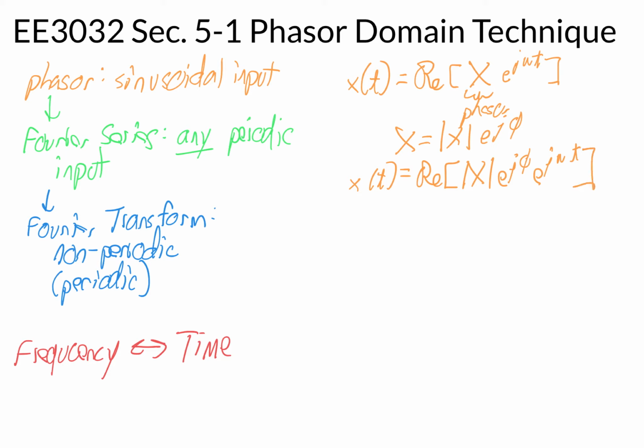We see that by properties of the exponential, this e to the j with omega t and phi, and the magnitude of x is just a real number itself, so the operator that takes the real part does not change it.